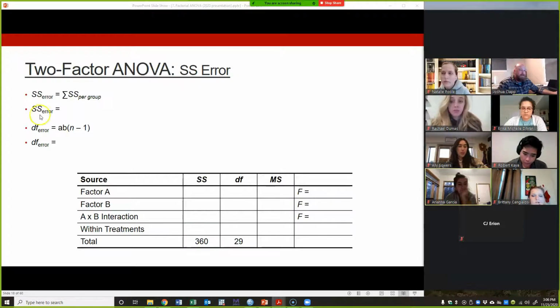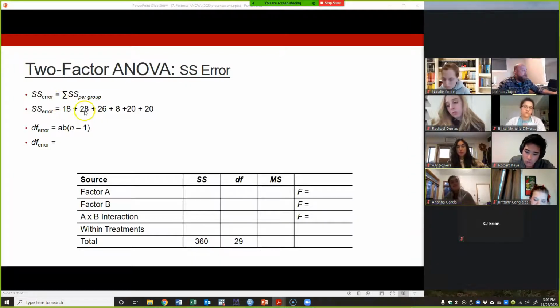Based on your handout, we just add the sum of squares within each group: easy low, easy medium, easy high, plus hard low, hard medium, hard high. Add those all together, and that gives us our sum of squares error. Degrees of freedom error is A times B times n minus 1. We have 2 levels of factor A, 3 levels of factor B, and 5 people in each cell, which gives us our degrees of freedom error.